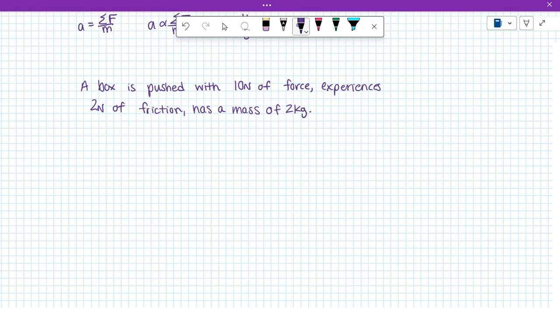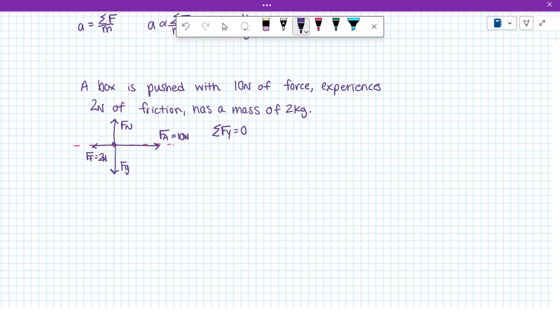The first thing we do is draw a free body diagram. This object has a force of gravity and a normal force, because it is on a surface if there's friction. Then we have the applied force, 10 newtons, and a friction force, 2 newtons. Then I do net force equations in the x and y direction.